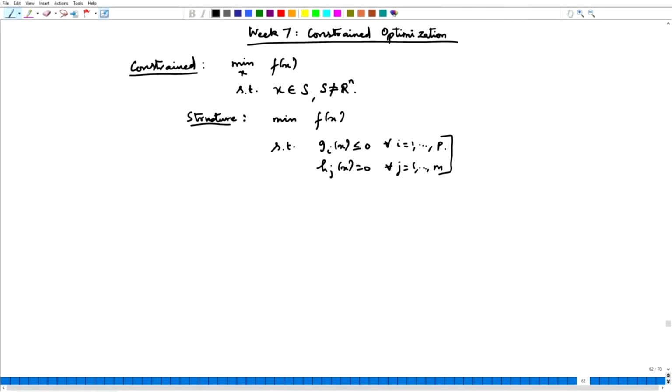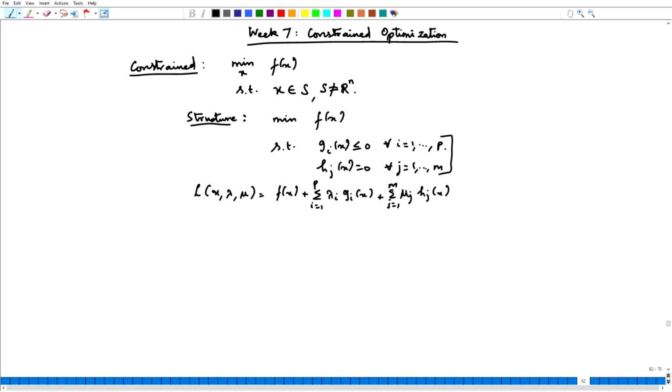And so, what is the critical point of this particular problem? It is a point that satisfies the following set of conditions. We write the Lagrangian function L of x, lambda, mu, which is given as f of x plus summation lambda i g i of x, i equal to 1 to p, plus summation mu j h j of x, j equal to 1 to m.